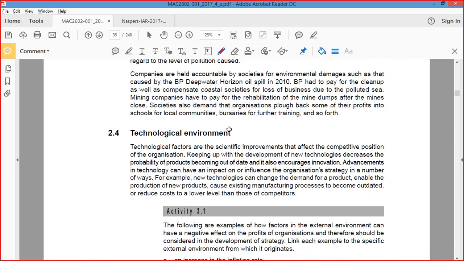Then you've got technology, which we just spoke about. We mentioned how with technology, things are online. People buy things online. Maybe in the future, we might be able to buy more things online. Right now, certain things we can't really buy online. They need to be bought in person. But maybe in the future you can buy everything online.